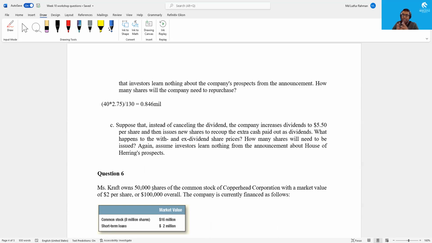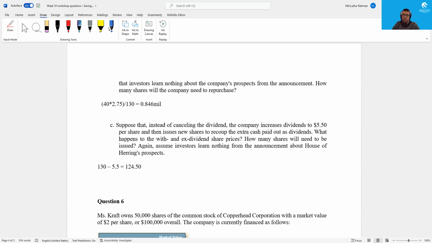So now the company doesn't cancel the dividend, rather they increase the dividend, and to fund it they issue new shares because they need more money now. What happens to the with and ex-dividend share price? Once again, the share price is 130, so the with-dividend share price is 130, and the ex-dividend share price is after we deduct the dividend, which is 124.50.